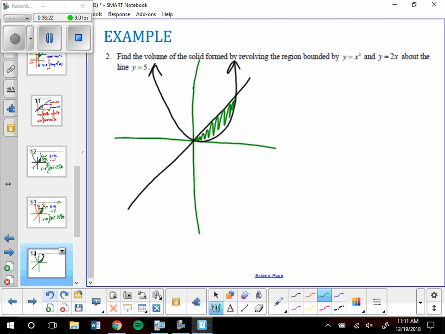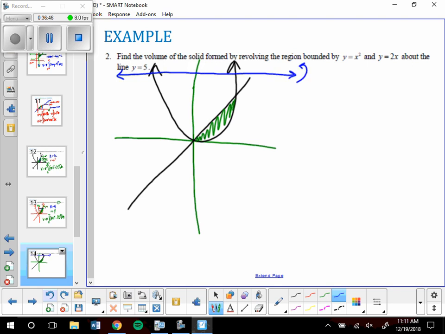But what am I rotating around now? y equals 5. It's important to place y equals 5 correctly. Where should I put it? Is it going to be through the area or above that area? It's going to be above it. Those intersect when x equals 2, so the line is above it. This is what I'm rotating around.